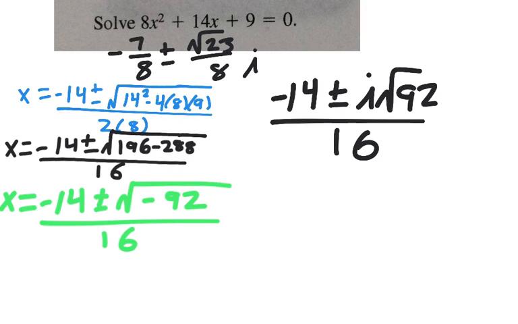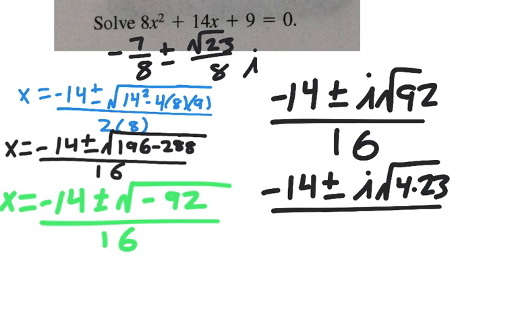So I know it's going to be 23 times 4. So that's negative 14 plus or minus i times the radical of 4 times 23 over 16. I'll bring the 4 out, it becomes a 2.